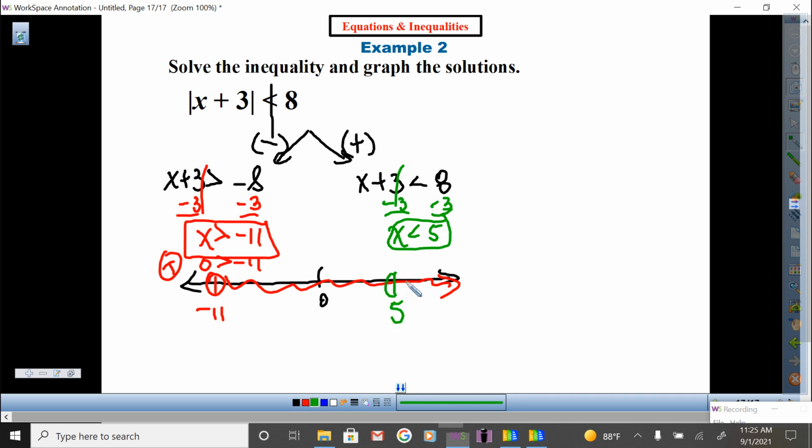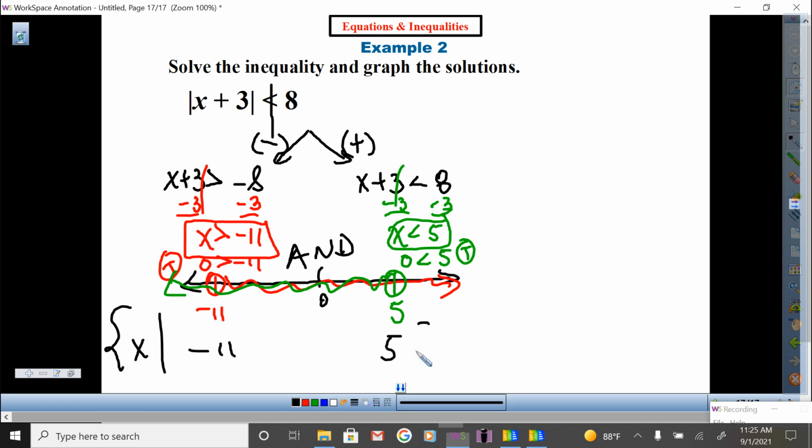It doesn't have an equal sign, so it's an open point, and I'm going to check to see if I shade towards 0. Is 0 less than 5? Yes, that's true, so I shade that way, and what do we find out? That this is an AND. So, solution set of x such that -11 less than x less than 5, arrows to the left, and since they're open points, no equal signs, and we're done.